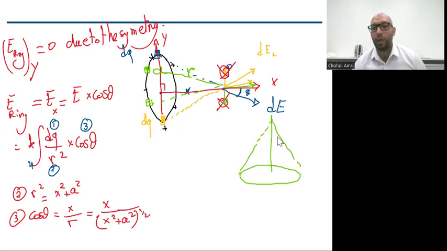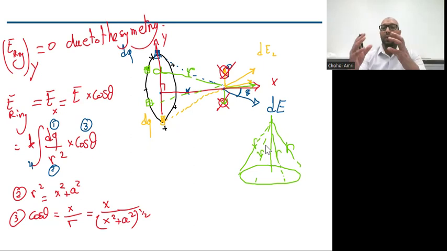At any point of the ring, we have the same r, and we have the same theta also because we are talking about 3D.